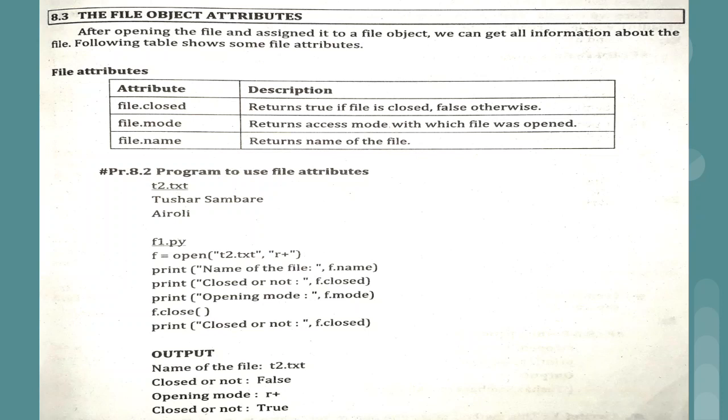If it is closed it will return true, and if it is not closed it will return false. In our case we have simply opened the file and not used the close method, so we get false.